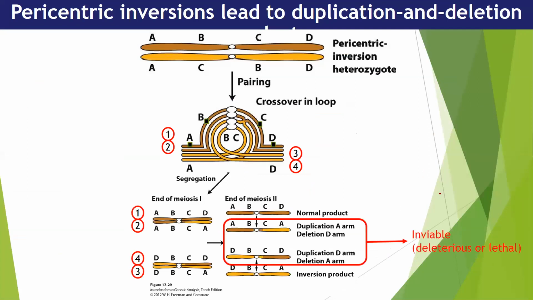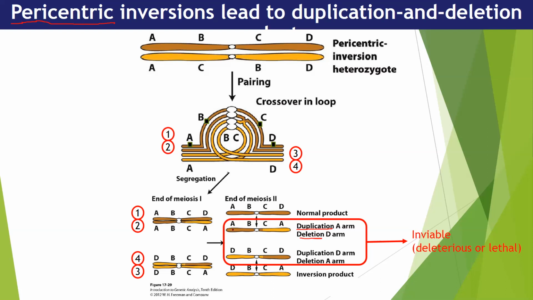All right. Okay, so I hope to point out this point for the pericentric inversion problem. The gametes that cannot survive usually carry both duplication and deletion, right?